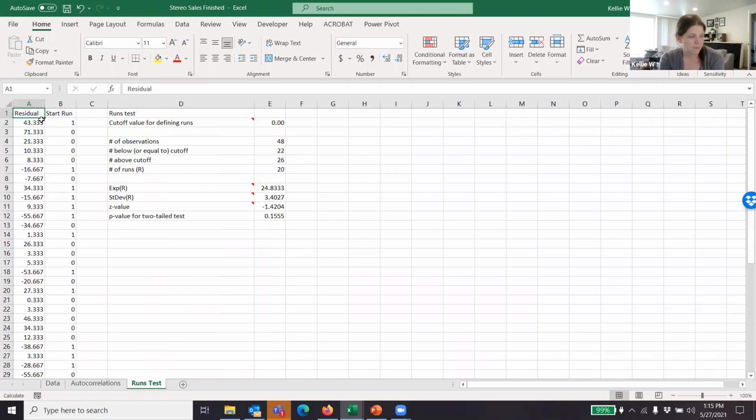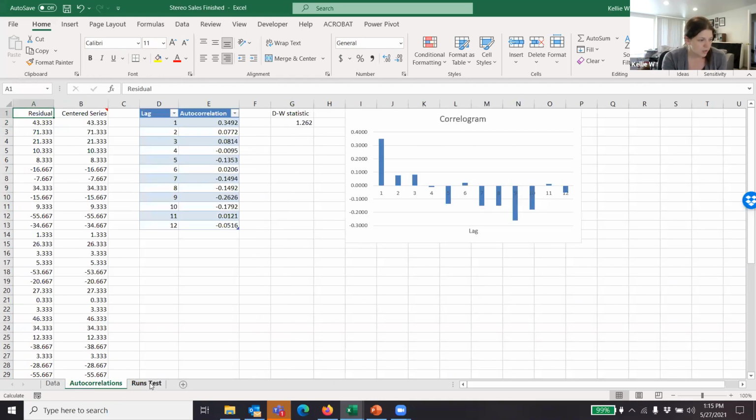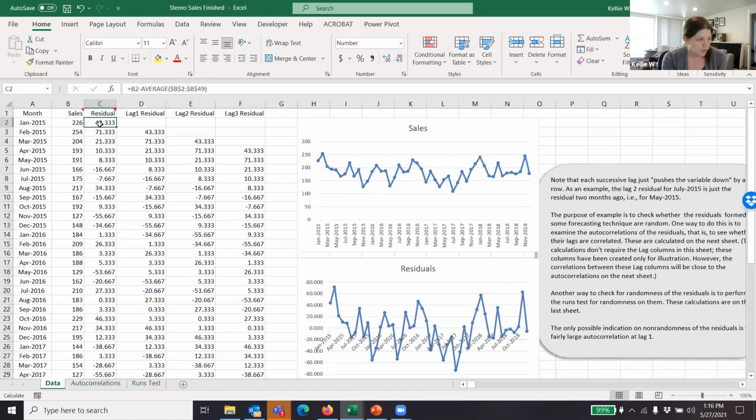So what they did here is they're checking to see whether or not each residual is above or below the cutoff. They pulled this residual information over here.